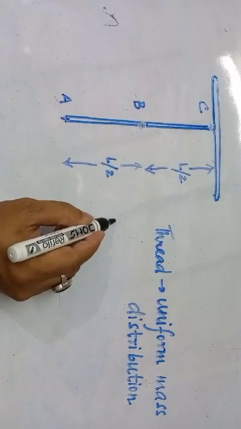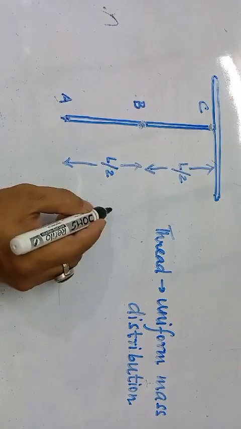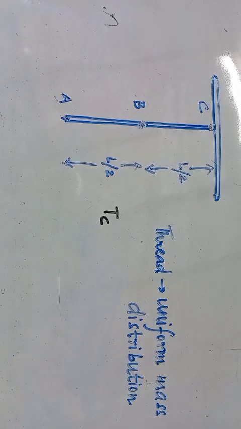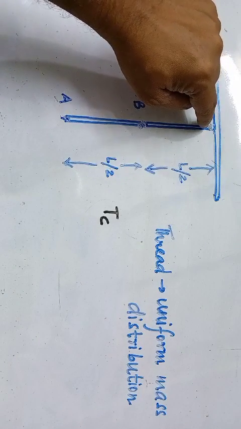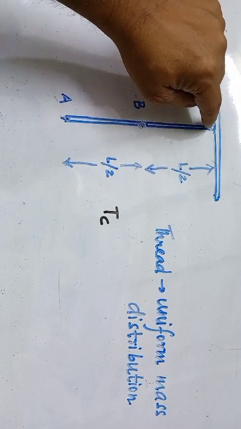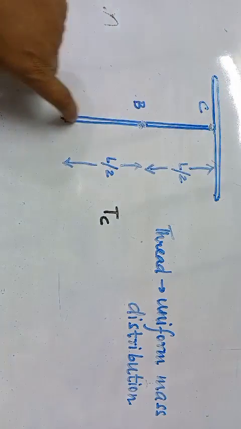You see, let's consider the top part, which is the C part. So the tension at C is what we are going to discuss first. The tension in this portion is because of the mass of the full thread.